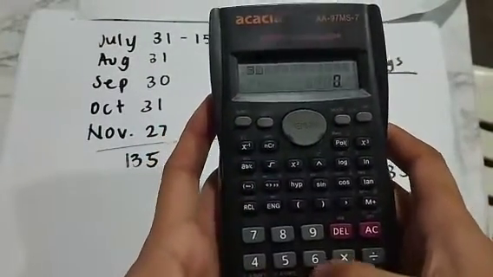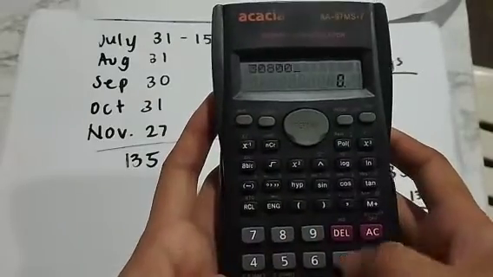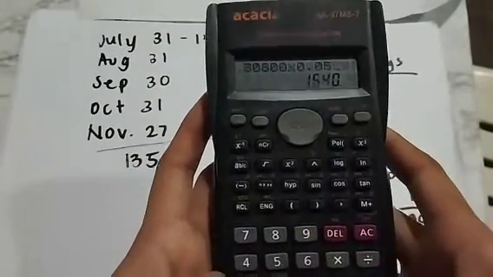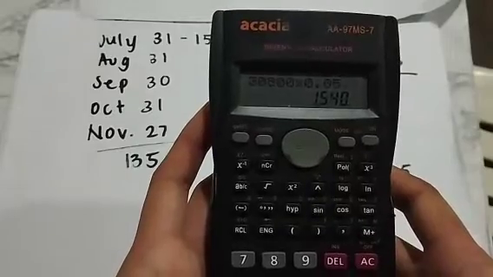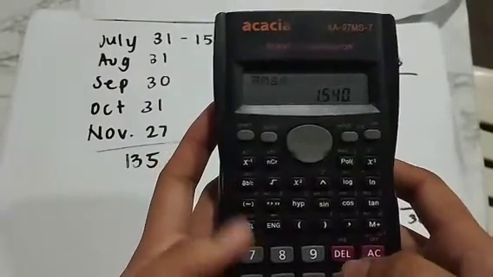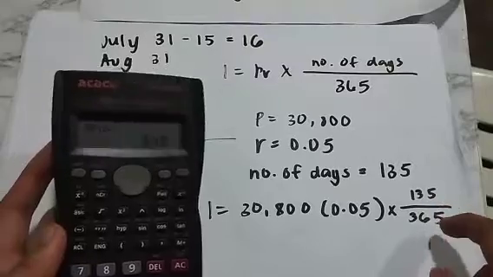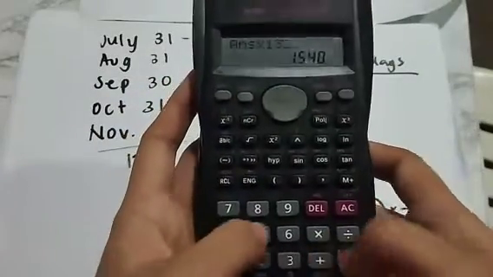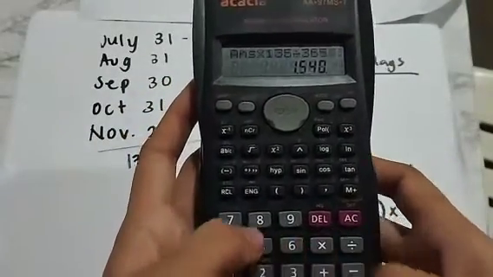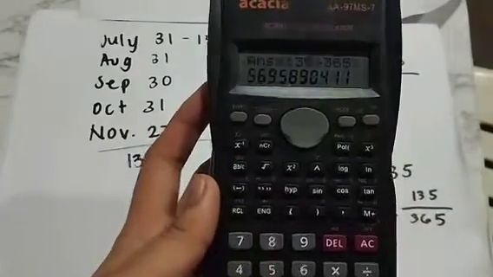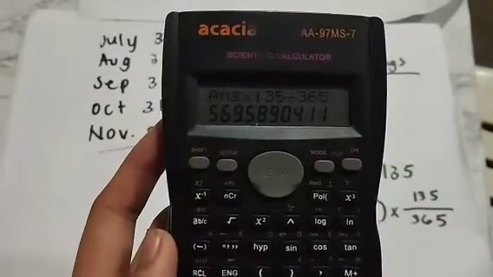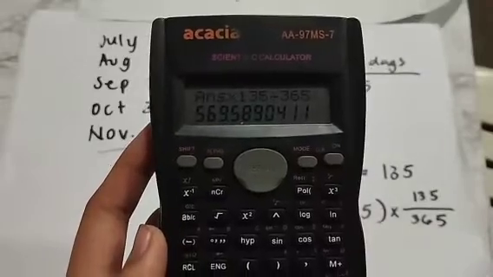So, 30,800 times 0.05 is equal to 1,540. Next, ita-times natin dito sa 135 over 365. So, the answer is 569.58.